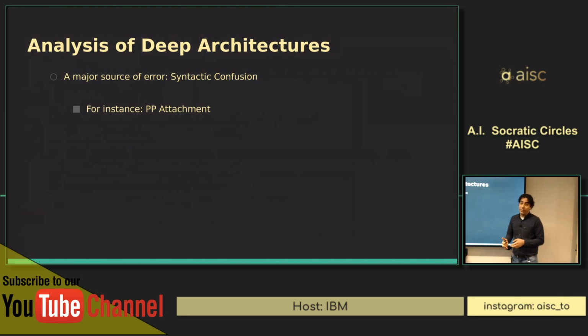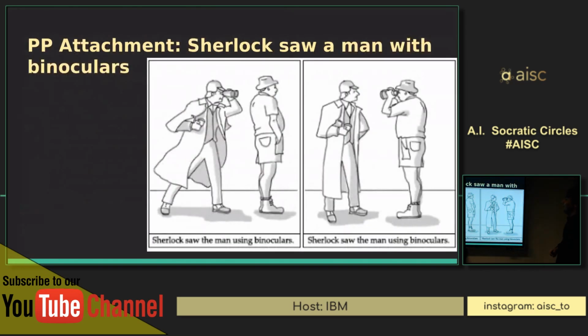Specifically, PP attachment. I had a good slide on it. I'm not sure how I missed presenting it here, but basically, PP attachment, or prepositional phrase attachment, is... Oh, actually, I think I have it. There you go. Okay, so what is it?